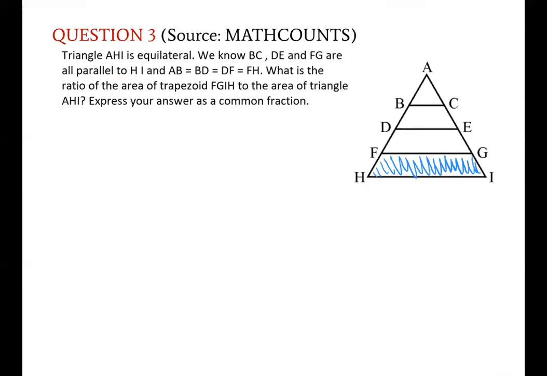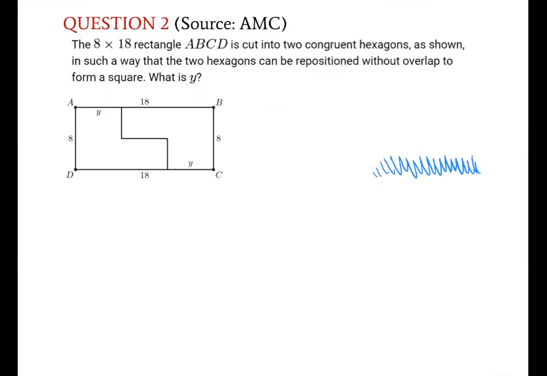Okay, let me go back to the last question. So these things have to be half of this, because these hexagons are congruent, so that means they're the same exact thing.